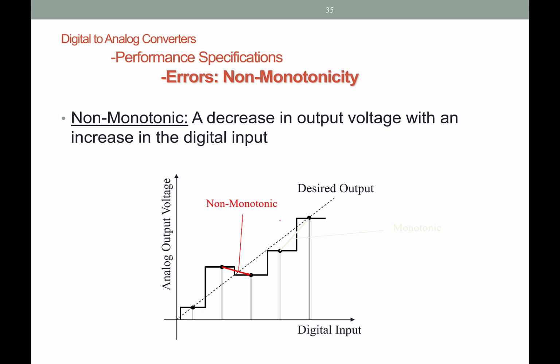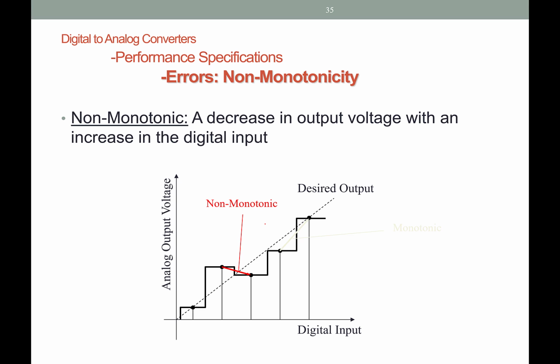Here, this non-monotonic error talks a little bit about it, and you can see in this graph it says a decrease in output voltage with an increase in the digital input. That's sort of the case that I talked about in the very beginning, saying that it was really messed up.